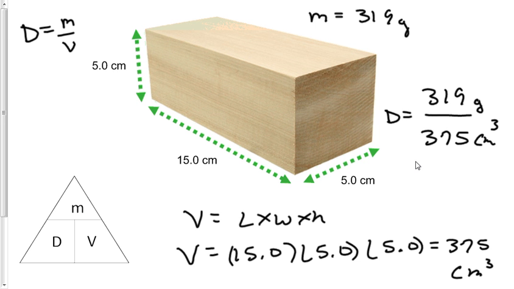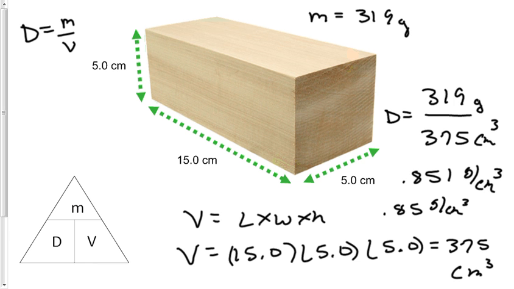And that's going to come out to be a density of 0.851 grams per centimeter cubed. And notice how our unit, we divide grams over centimeters cubed. And since we're limited to two significant digits, I will eventually round that to 0.85 gram per centimeter cubed. And that's how we handle getting the density of an object if we know its length, width, and height, and of course the mass.